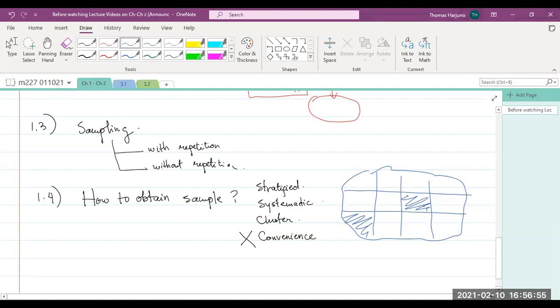That's what the clustering method means. Once I separate them into classes, I decide I want to take everybody in this class and everybody in another class to be in my sample.